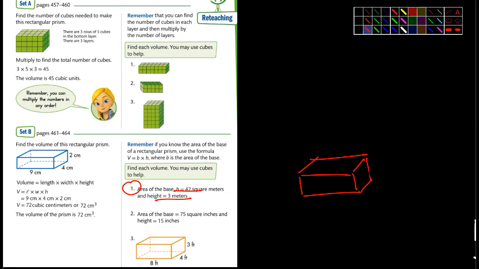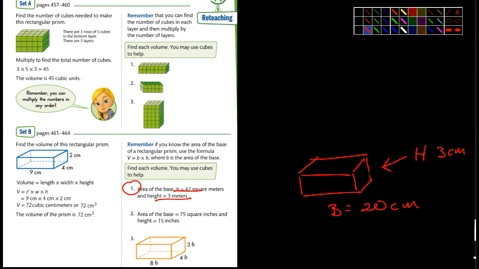And the base was given to you. Let's say the base equals 20 centimeters. Then all you needed to know was the height. If the height was 3 centimeters, then you would just multiply the base times the height.